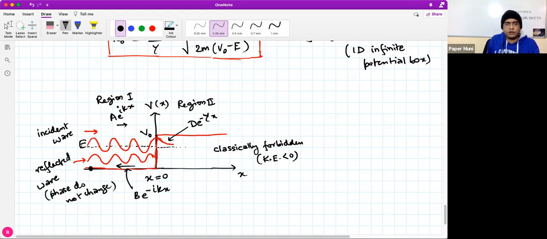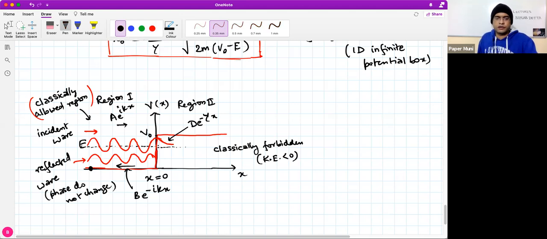This region is classically forbidden, and this region is classically allowed. Remember that in a classically allowed region, the wave function will be oscillatory. This is the diagram which concludes everything.